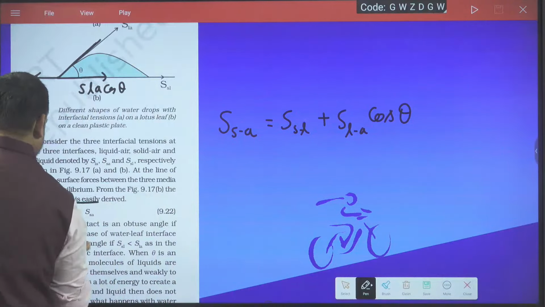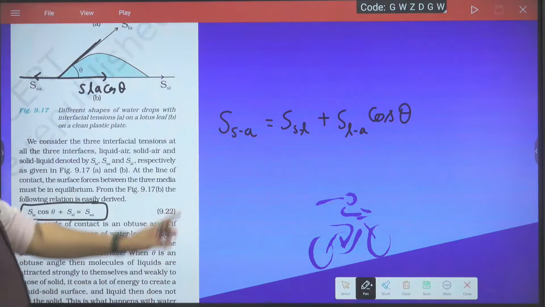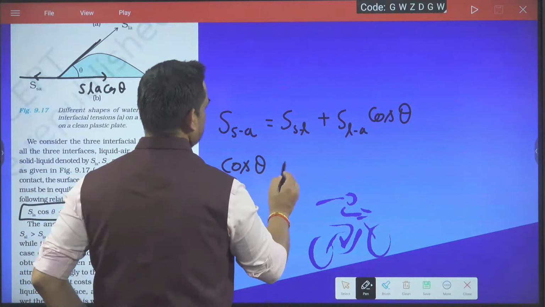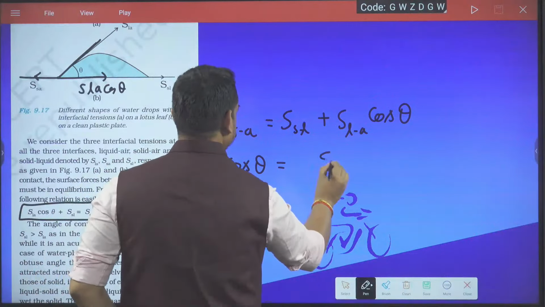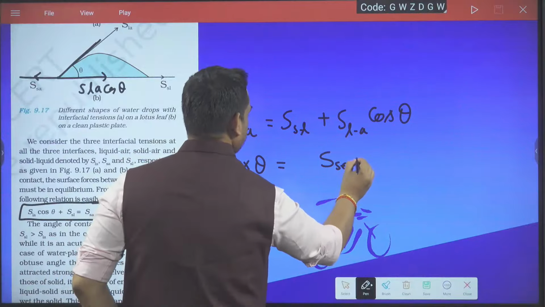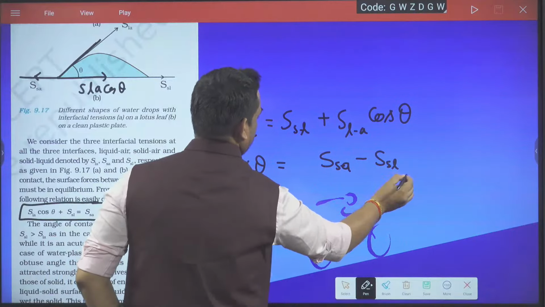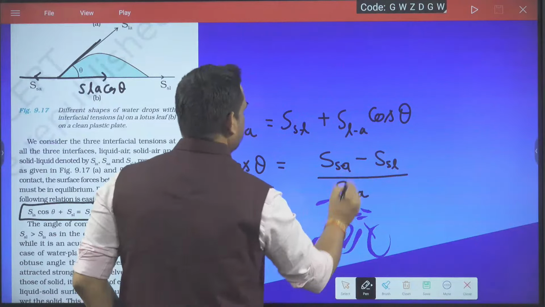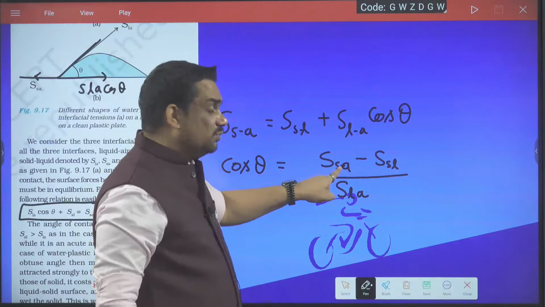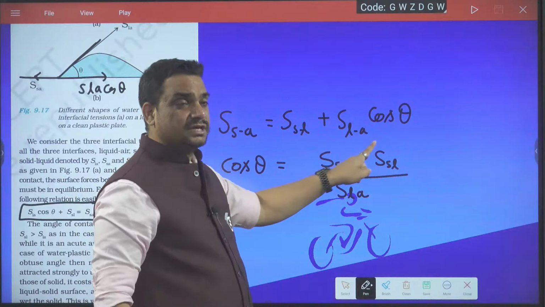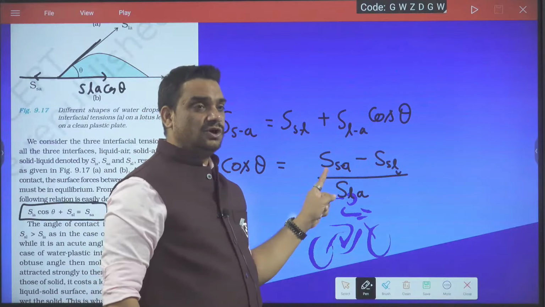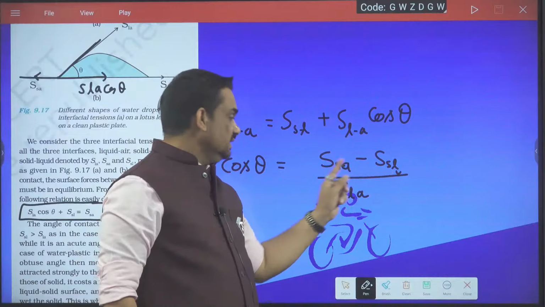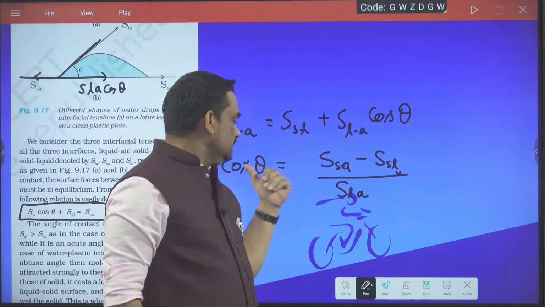You will always use this one, whether the angle is acute or obtuse. From here we can write cos theta equals (S_SA minus S_SL) divided by S_LA. If S_SA is more than S_SL, solid-air more than solid-liquid, then this value will be positive, so the angle will be acute.